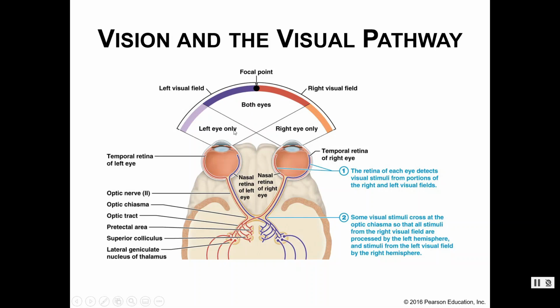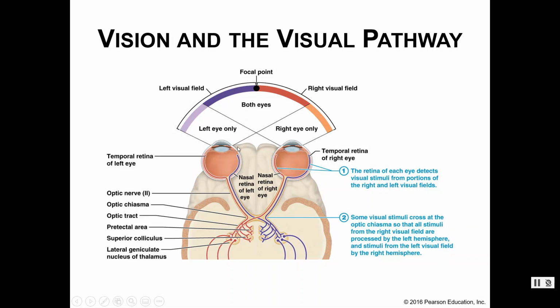Now, here's what's interesting. Let's look at the colors. You've got some parts of your visual field. The red is coming from the right side. The blue is from the left visual field. Now, look and see what happens here. The red from the left eye, as we go through the chiasm, actually stays on the left side.